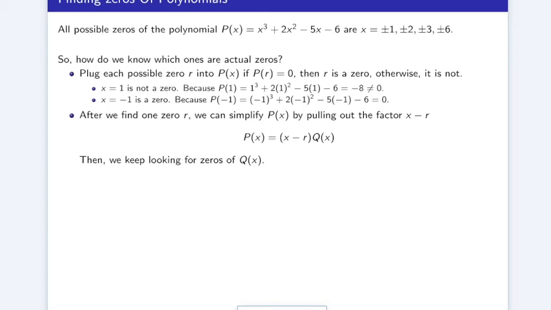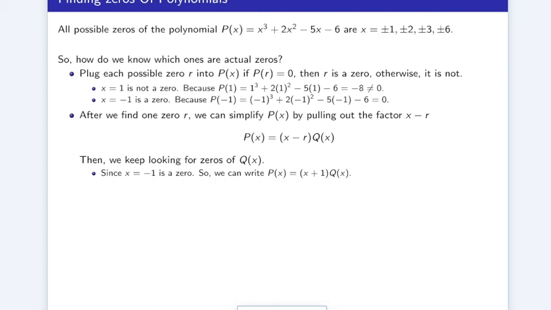And then the q of x will be 1 degree less than the original polynomial p of x, which is easier for us to see what the zeros are. So in this case, we already know that x equals -1 is a 0, so we can pull the x plus 1 out from the original p of x.